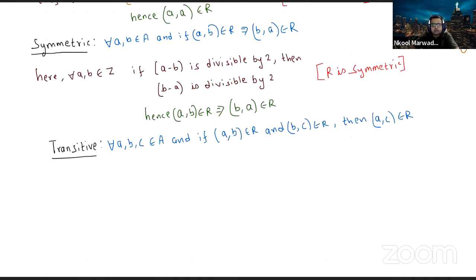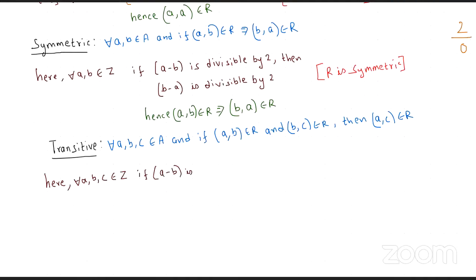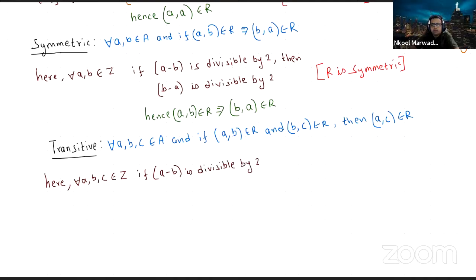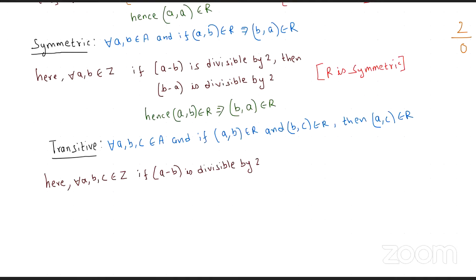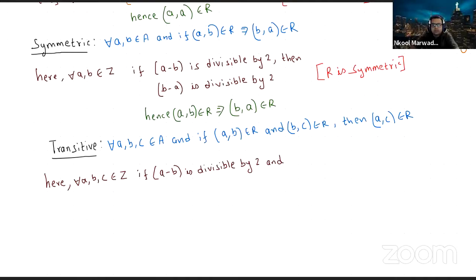So let us try to apply this definition for this context here. Let us take any 3 integers, for all A comma B comma C belong to Z. If A minus B is divisible by 2, and B minus C is also divisible by 2, we are assuming it.